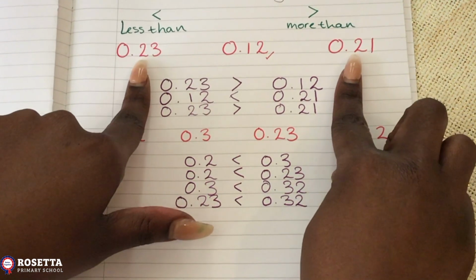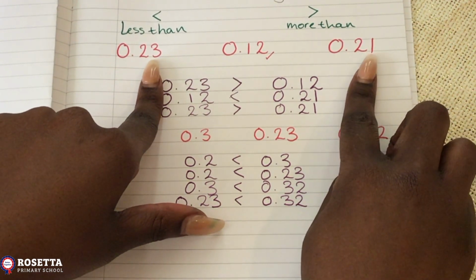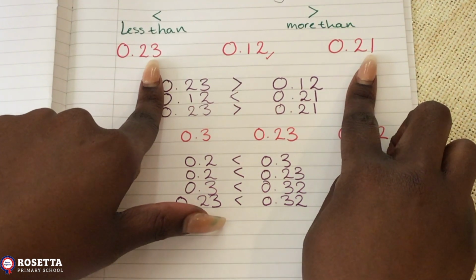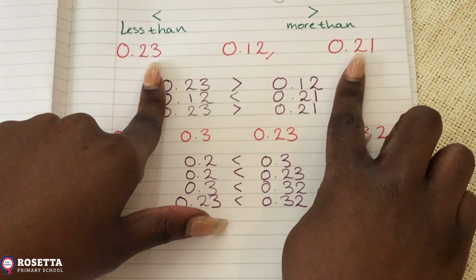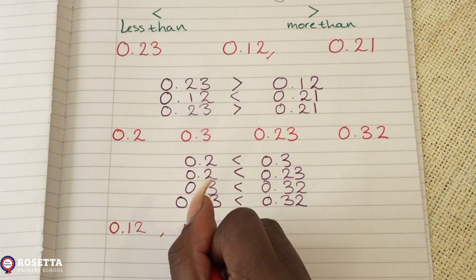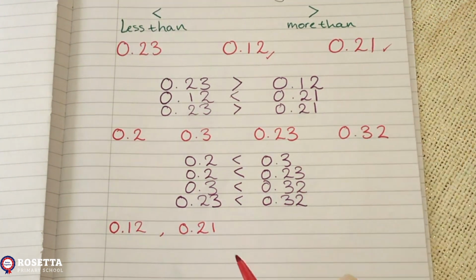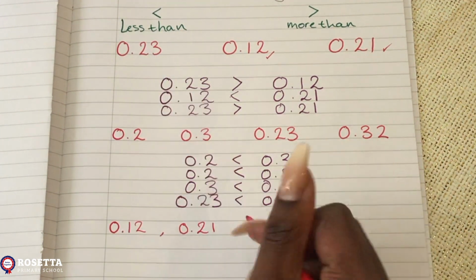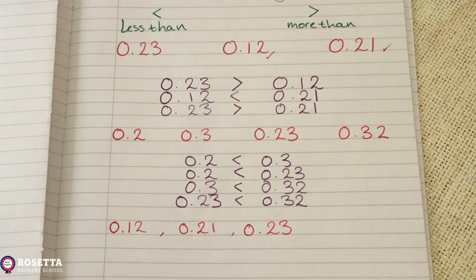So both of these have 2 tenths. We then have to look in our hundredths column. 0.21 has 1 hundredth and 0.23 has 3 hundredths. Which of these numbers is smaller? Yep, that's right, it's 0.21. And then we're left with the largest of these three numbers. 0.23 would be the biggest, okay?